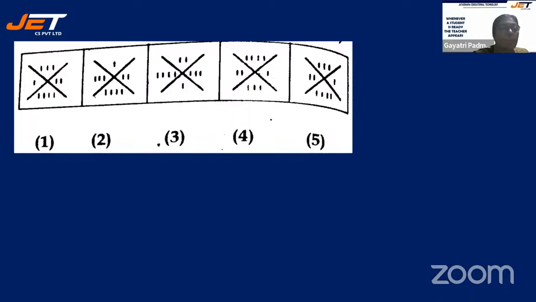All right, let's move on to the next question. You have option 1, 2, 3, 4, and 5. Yes. You need to find out which one is different from the other.